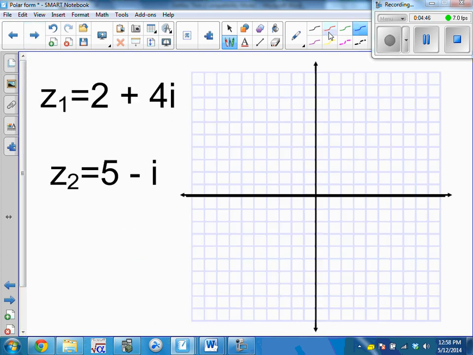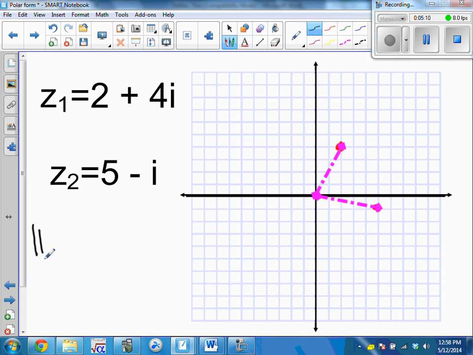So when I look at these two numbers, 2 + 4i and 5 - i, if I want to compare these numbers, I can't really compare them as they're written.